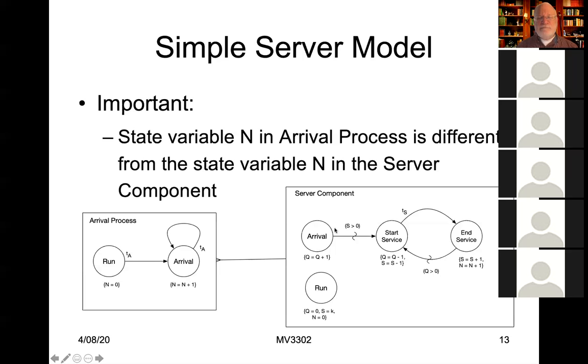In the meantime, let's look at the very first arrival. The first arrival will schedule another arrival of the arrival process in the future. And the server will hear the arrival at that time, and it will schedule a start service with 0 delay, because the very first arrival will actually have an available server.